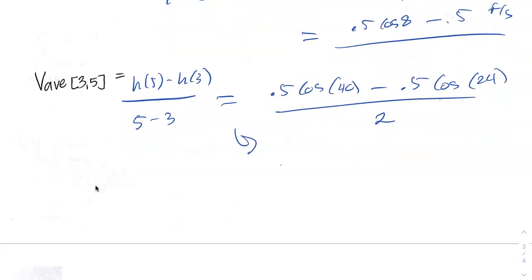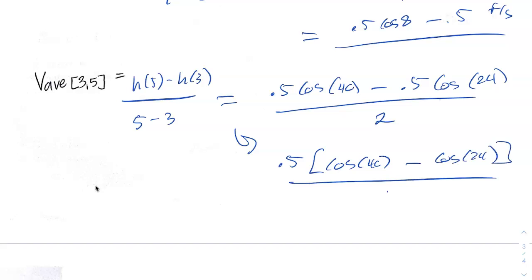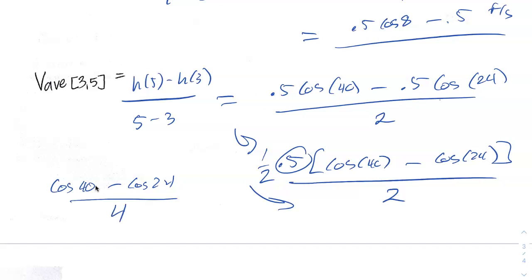I can pull out the 0.5, and I get cosine of 40 minus cosine of 24, all over 2. That's the same thing as 1/2, so the 2 goes to the bottom. So you get cosine of 40 minus cosine of 24, all over 4.